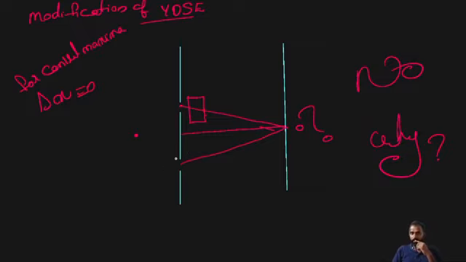Is it right? Here delta x is zero if the geometrical path difference is the same. I will say the geometrical path is the same. But this is not the case for optical path, because here there is an extra medium of glass slab of refractive index mu and thickness T. This is not the same, not the simple case.